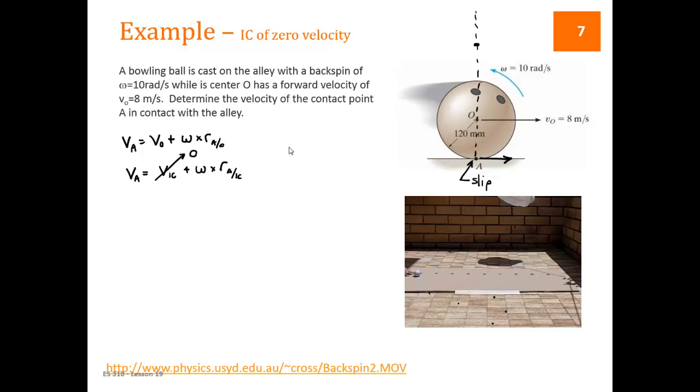So we can write the equation that VO is equal to VIC plus omega crossed with ROIC. And VIC is 0. We get VO, which is 8 in the positive I hat direction, is equal to omega, which is 10 in the positive K hat direction, crossed with ROIC, which is, we're going to say positive.